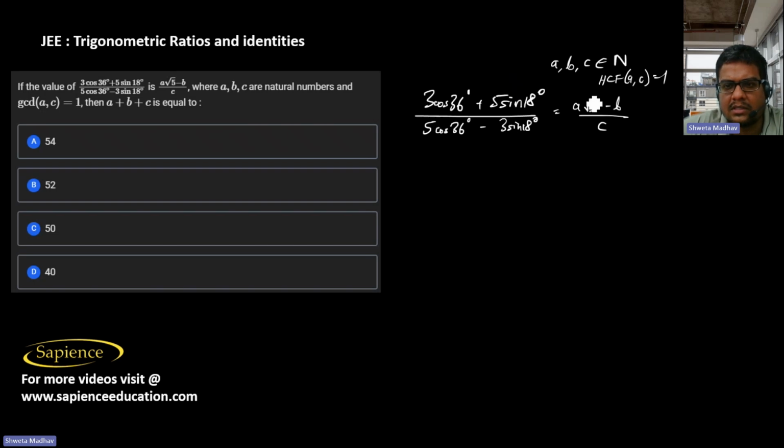So it means a and c are co-prime. Then a plus b plus c value we have to find. A plus b plus c value has been asked.